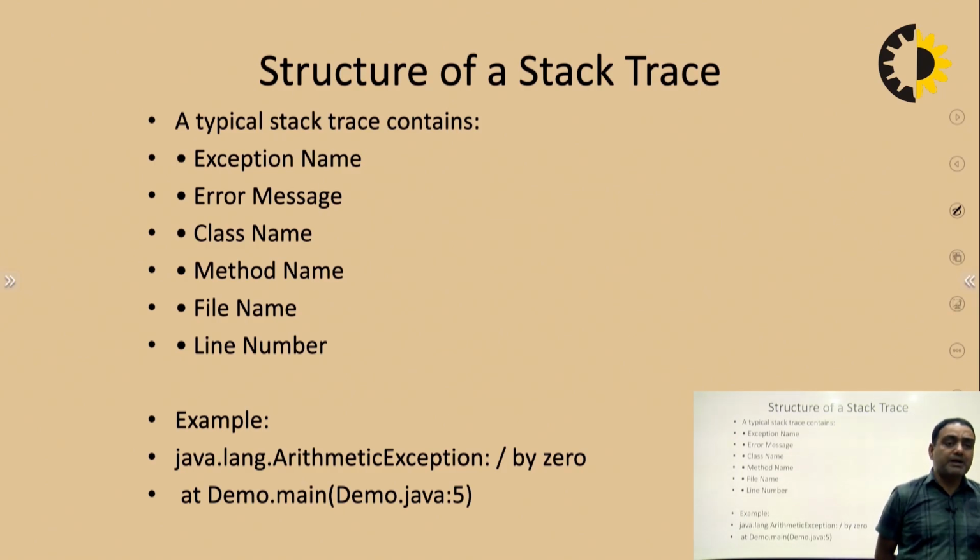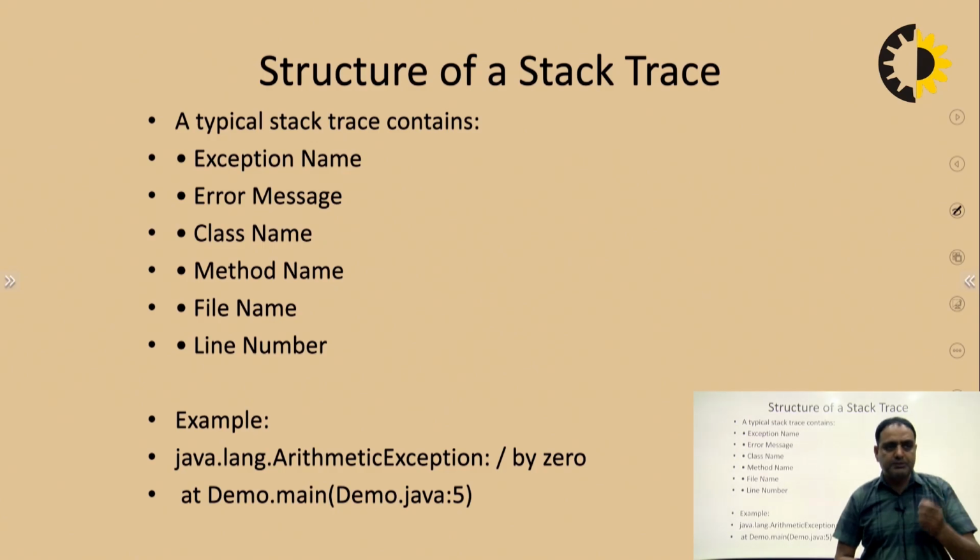In which package is it mentioned? The java.lang package. Lang is already included; it is a sub package of the java package. So java.lang.ArithmeticException has the information that you are attempting to divide a number by 0, by which this exception occurs.